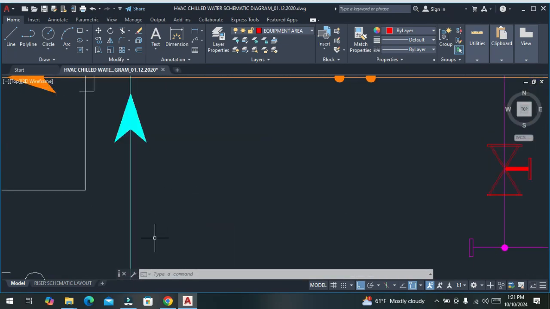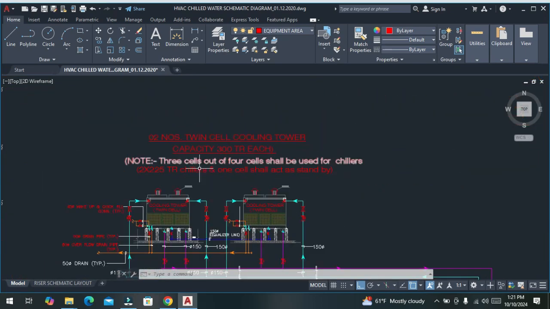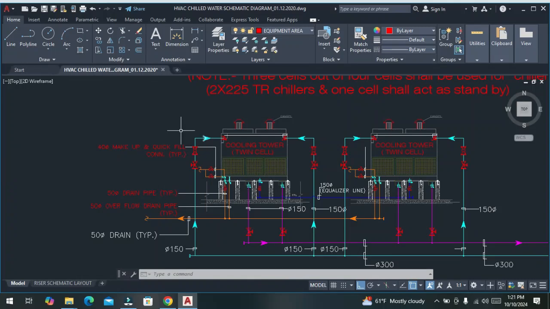If you talk about the cooling tower, this is also a heat exchanging medium through the ambient air. This is an open loop system. In the chiller, the evaporator side is a closed loop section, but this one is an open loop section.